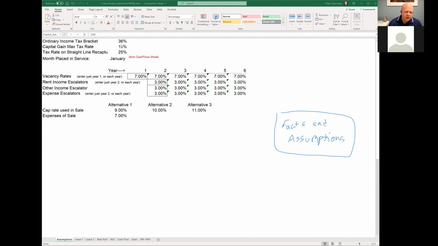So ordinary income tax rate, capital gains tax rates, straight line on recapture is at 25. This is actually at 20 as of today. And these are here because they're part of CCIM's analysis.